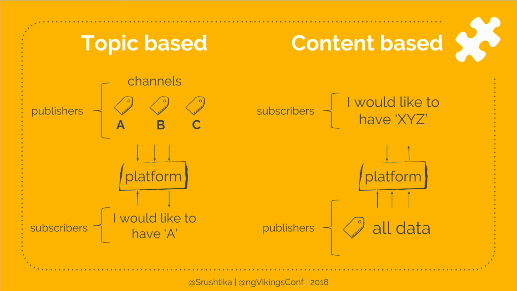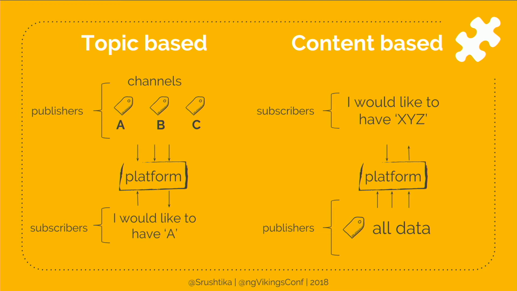So all the platforms, that is the mediator that occurs and routes all the publishers and subscribers' data so that subscribers get only the data that they're interested in. And while they get that data from the publishers, it can be done in either topic-based or content-based way. In topic-based, you have publishers who preset some channel names.